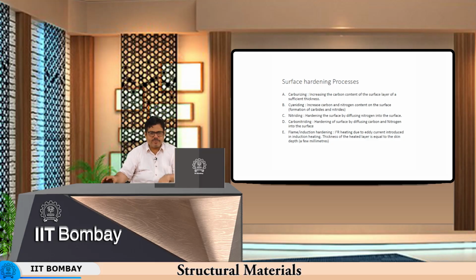Instead of electrical means, you can have flame hardening also. You can heat up the surface to a high temperature using a flame, and then harden that as well. But care has to be taken that the flame should be either neutral or preferably reducing. It should not be an oxidizing flame at all.